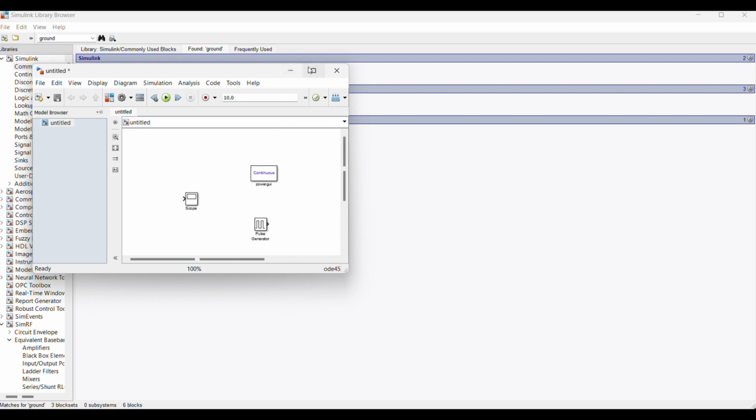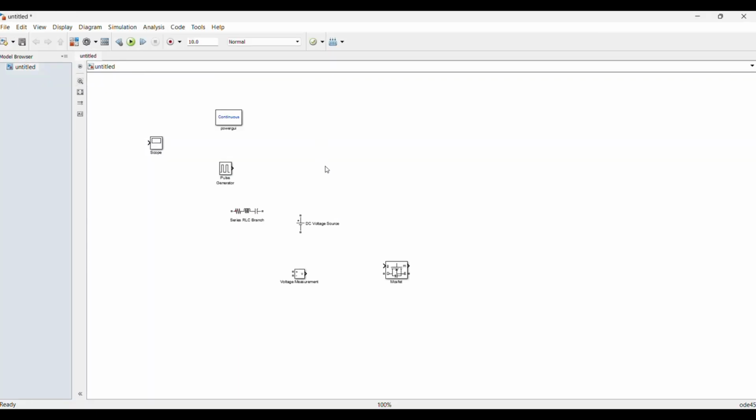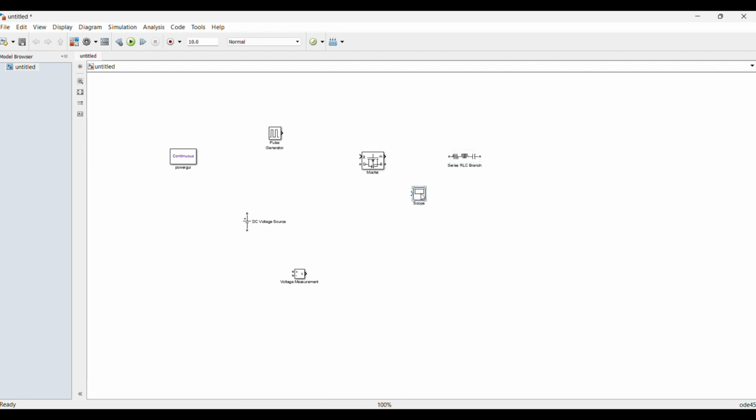Then we open our blank model and arrange the circuit. Adding a component once is enough.